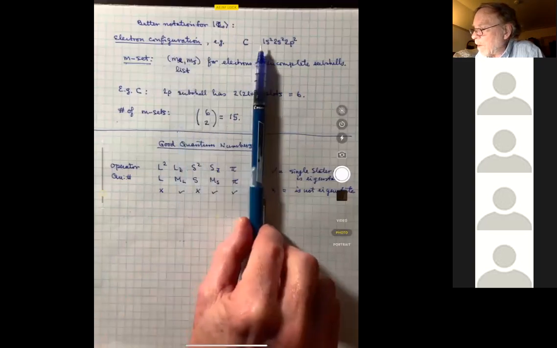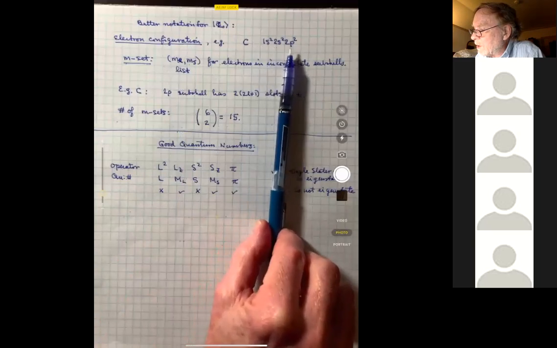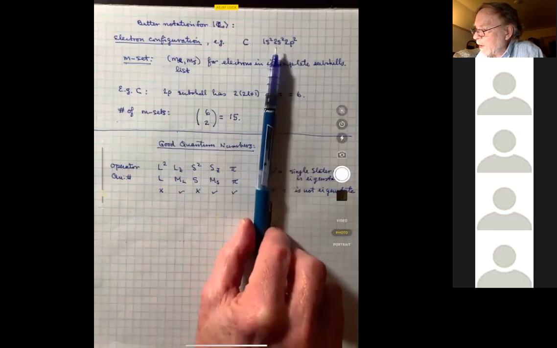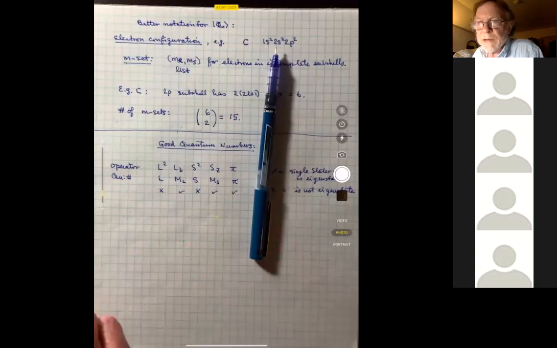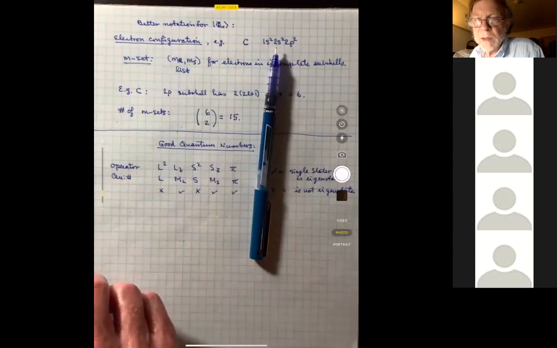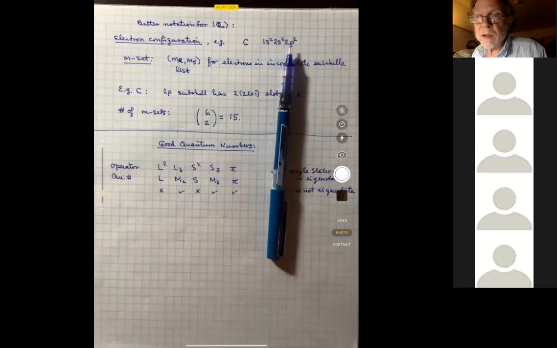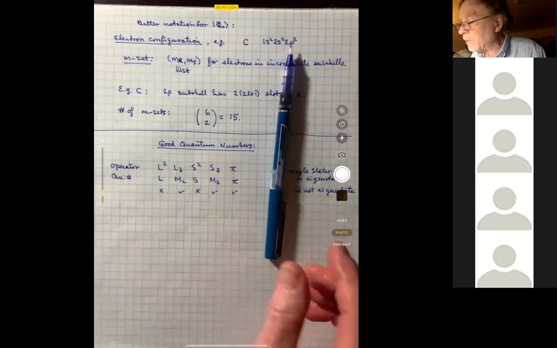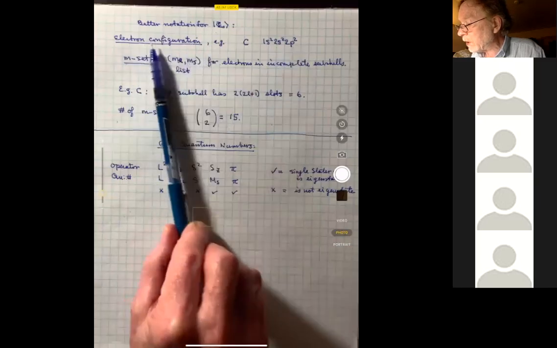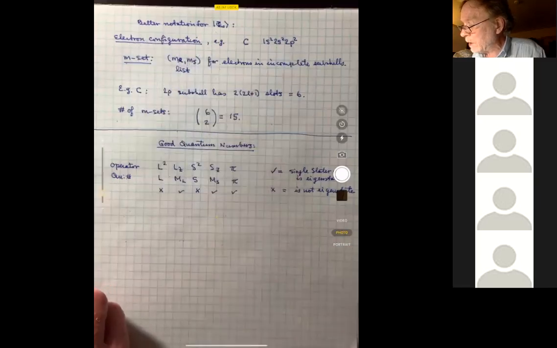So for example, with carbon, 1s squared, 2s squared, 2p squared means that the 1s and 2s subshells have 2 electrons in them, which means that they're filled. The filled subshell is otherwise known as a complete subshell. And the 2p subshell has only 2 electrons out of 6 slots, so it's only partially filled. That's called an incomplete subshell. In any case, that's the information conveyed by the electron configuration.